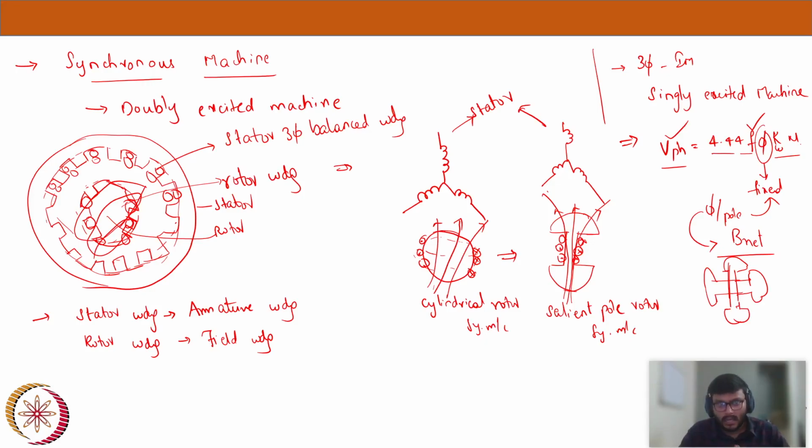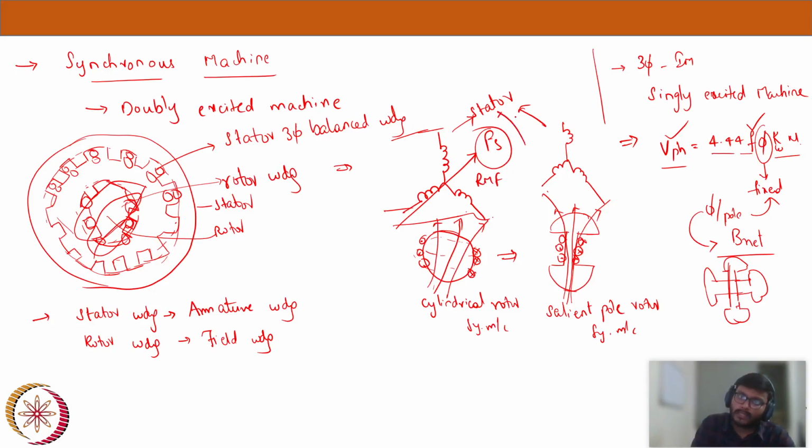That is what we call the stator field here, because my stator is housing the three-phase winding. We have given a three-phase supply to this balanced three-phase winding, and three-phase balanced current flows in the winding, and what will happen? A rotating magnetic field, RMF, will be produced.